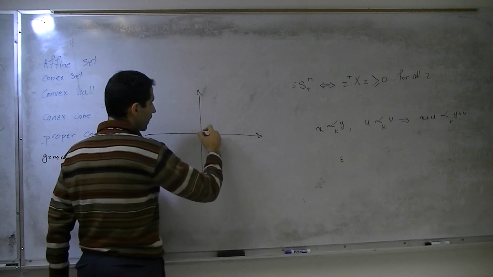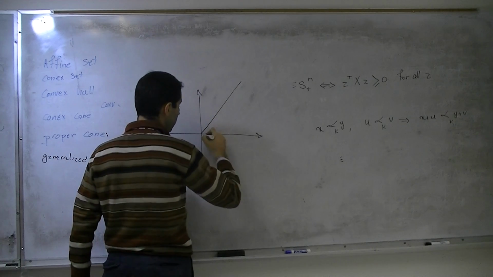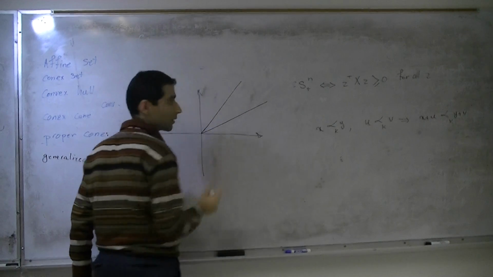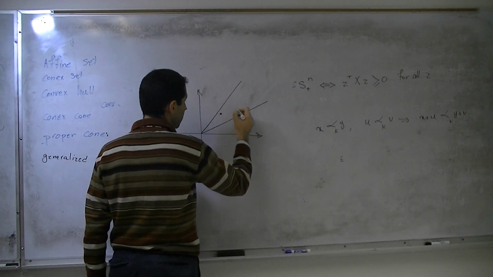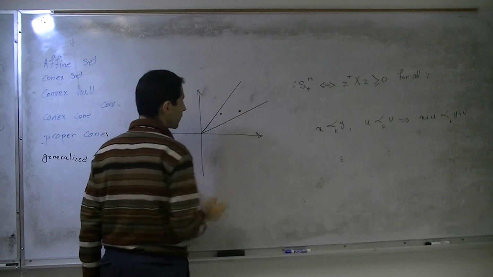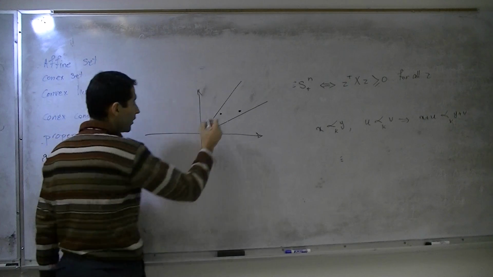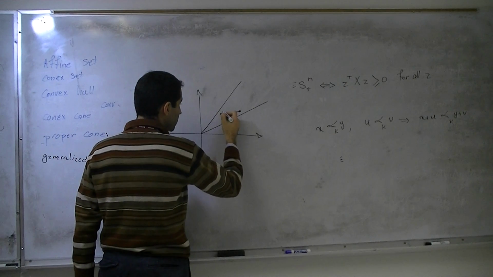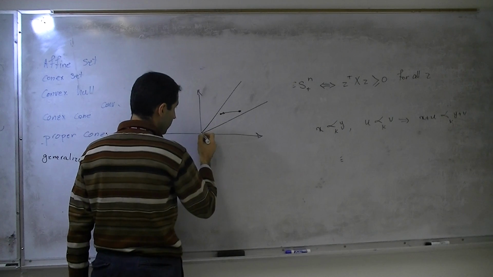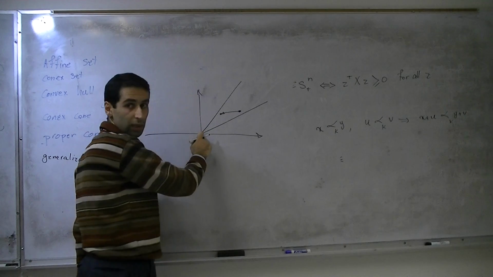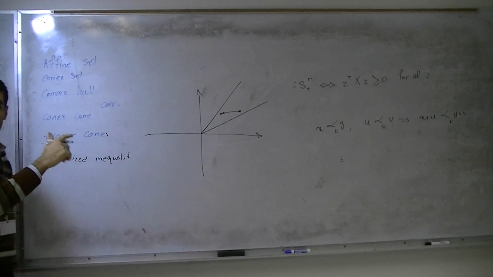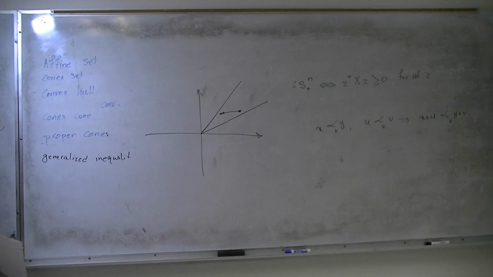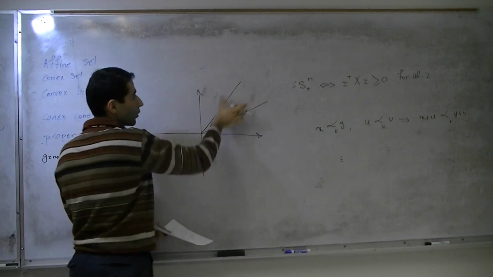Remember I said we can define a proper cone something like this. If we have x and we have y, if the vector y minus x is inside the cone, one of them is less than the other. If it's outside, we cannot say anything. K is this proper cone.